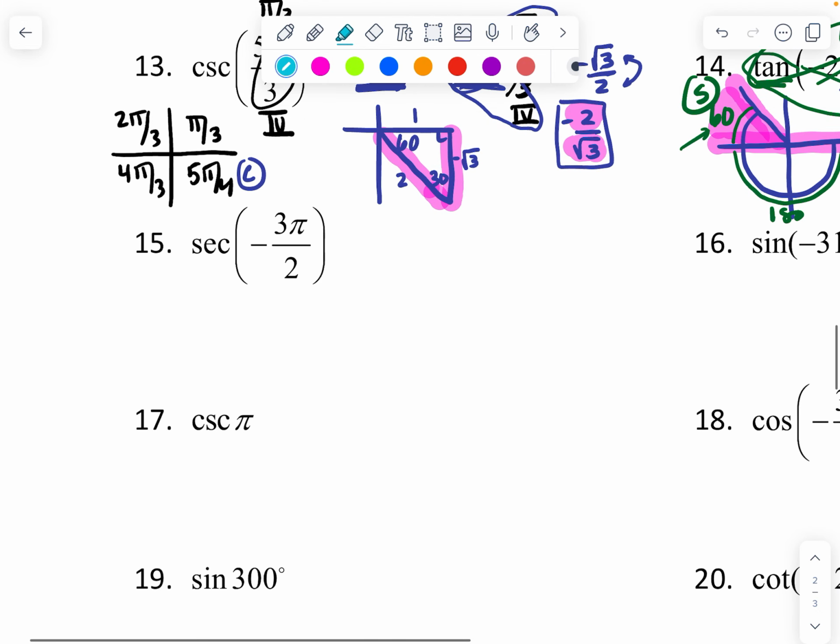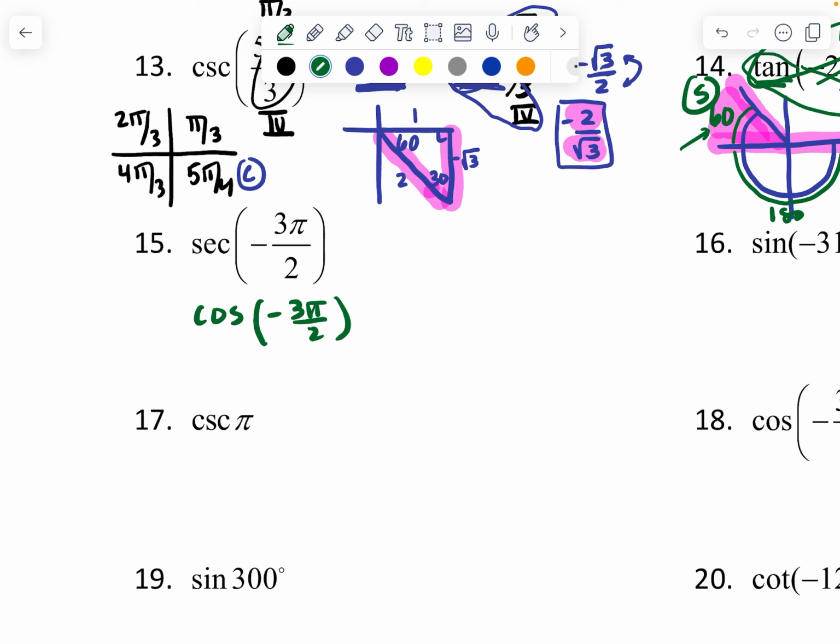All right, secant. Okay, I don't like secant, so I'm going to go the same as cosine of negative 3 pi over 2, but I need to flip that answer at the end, okay? So secant and cosine are flips of each other. So where is negative 3 pi over 2? Well, you guys, I know positive 3 pi over 2 is right here. That's 3 pi over 2.